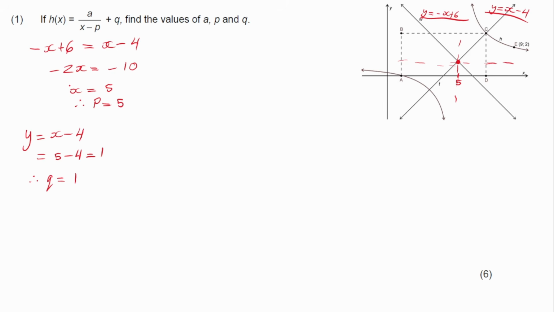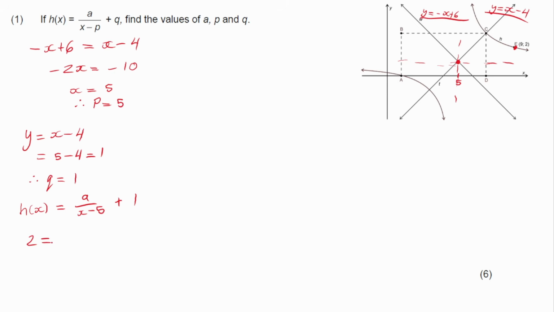And now for a, I'm just going to rewrite what we have so far for h of x. We have this so far, plus 1. And we need to solve for a. So we can just substitute a point on h. We're given this point E, which is 9, 2. If we do that, we can solve for a, because we get rid of our y unknown and our x unknown.